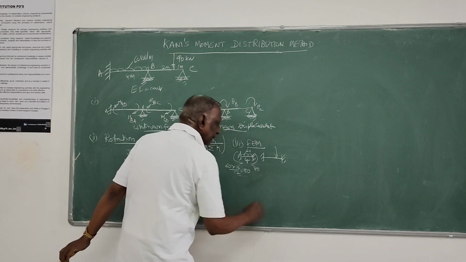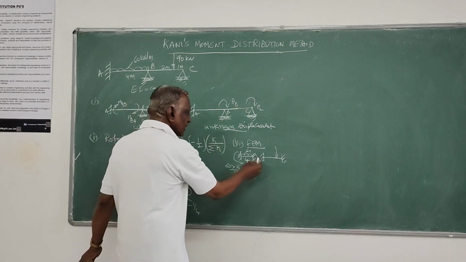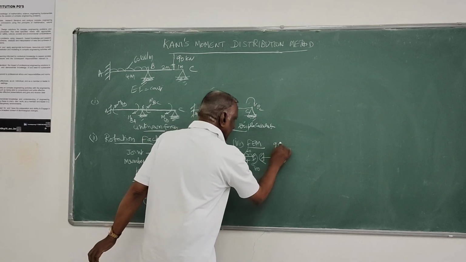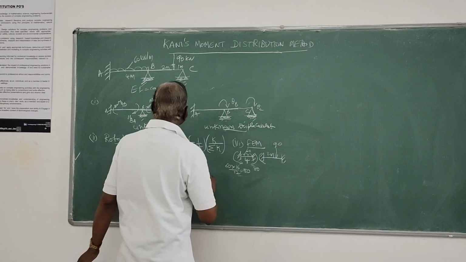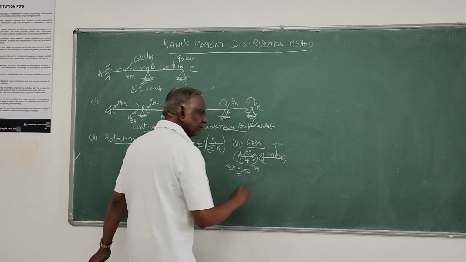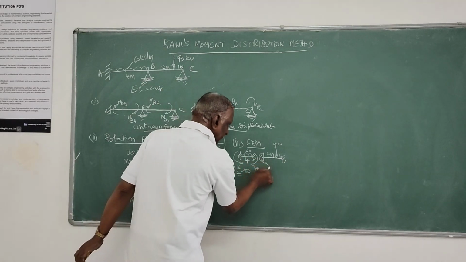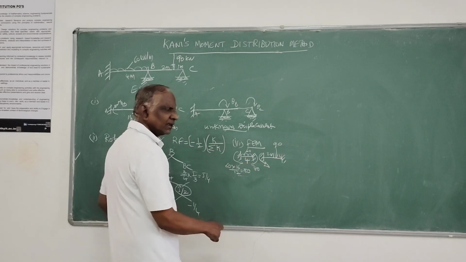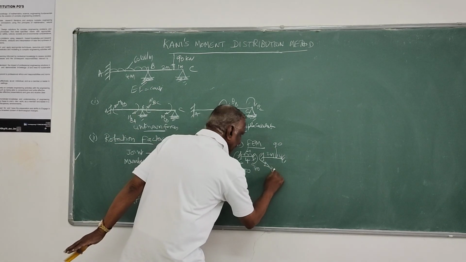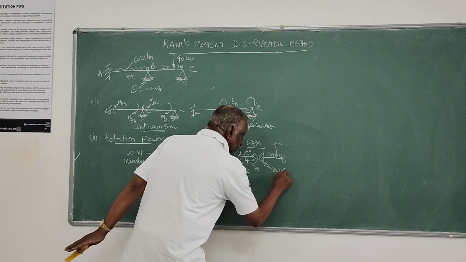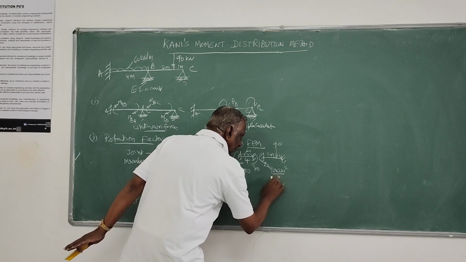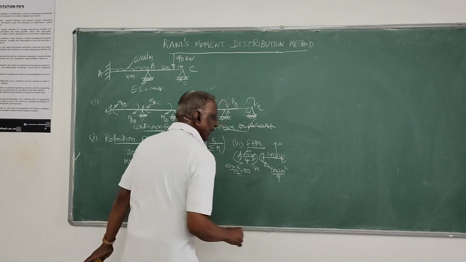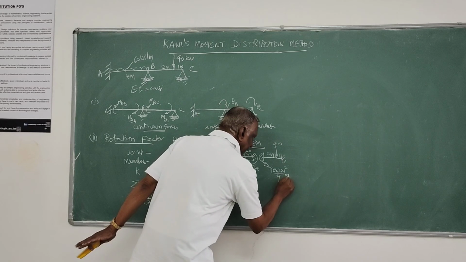Here it is again 80, because it is clockwise, so plus 80. Here it is 90 kilonewtons at 2 and 1 meter. Here the moment will be W A B squared divided by L squared, that is 90 into 2 into 1 squared by 3 squared, 9, that will be 20.